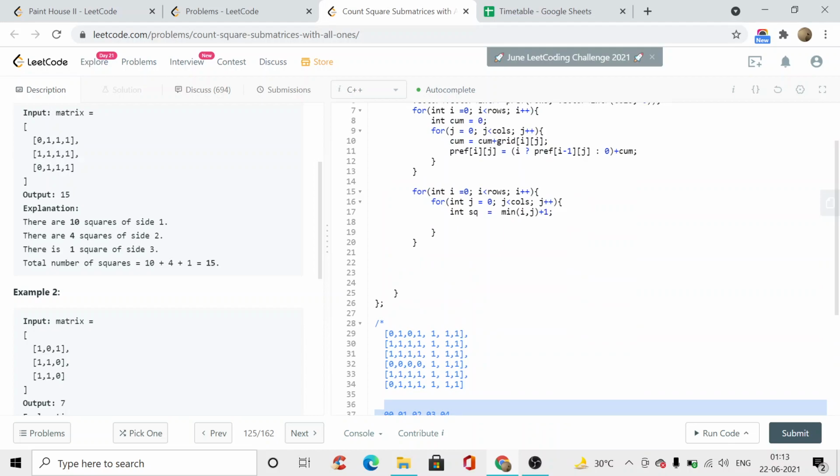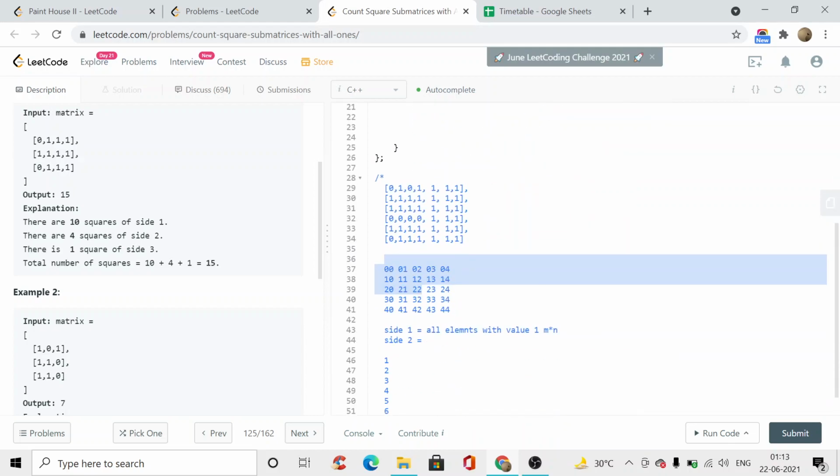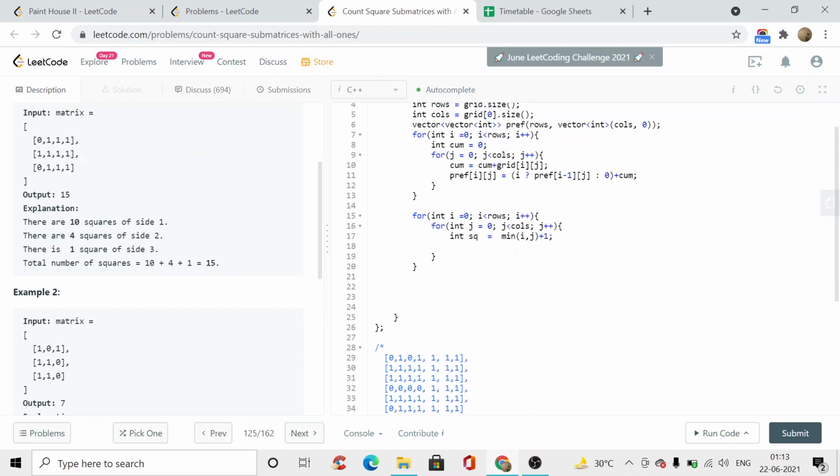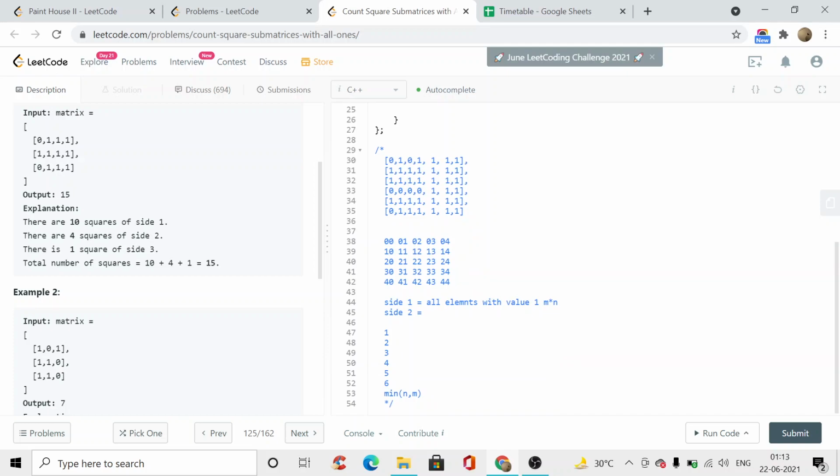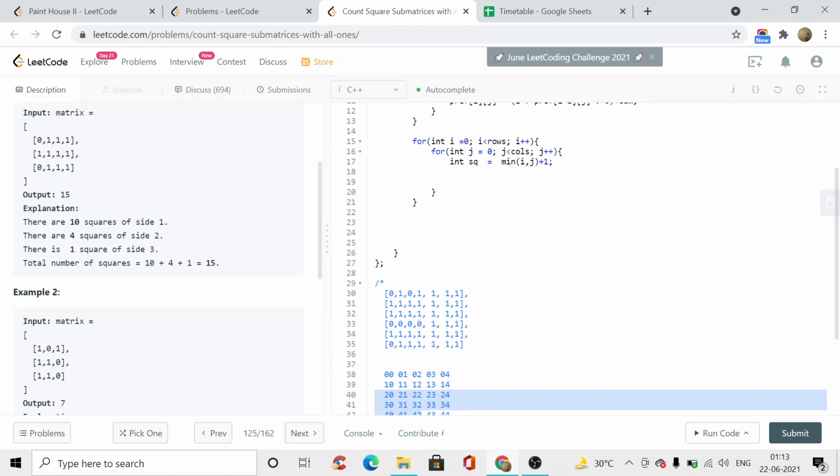It cannot form a square of 4 by 4 because it's limited by the minimum value. Then I will run from 1 to the square size. For i equal to 0 it is not actually running. When I'm over here, I will try to find what is 3 by 3.